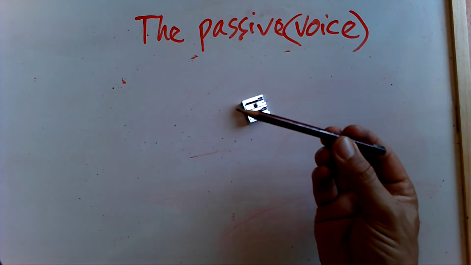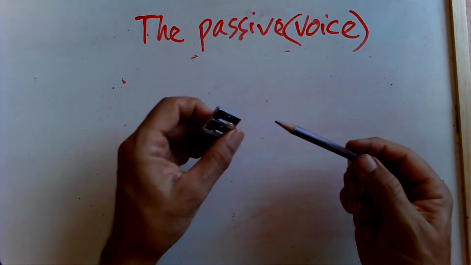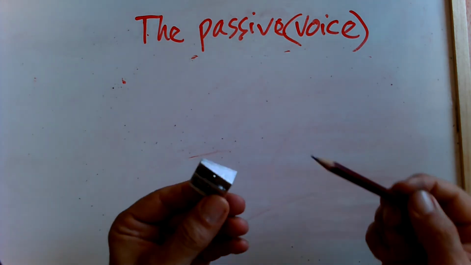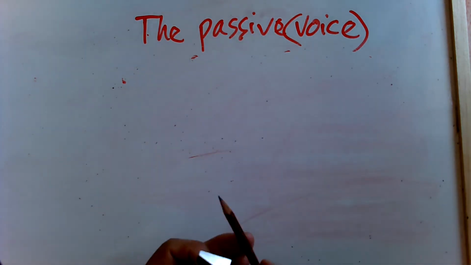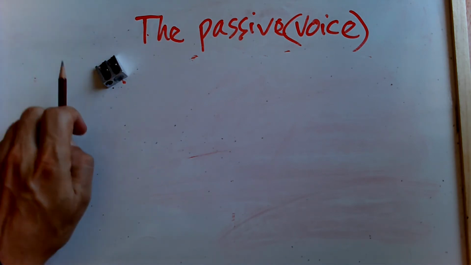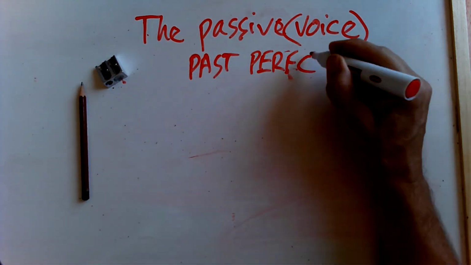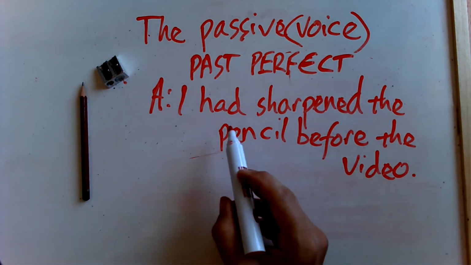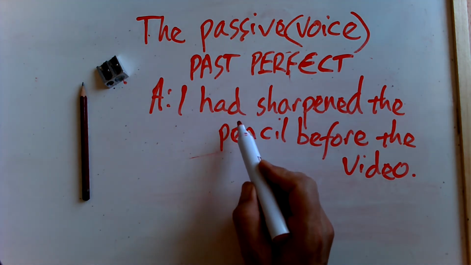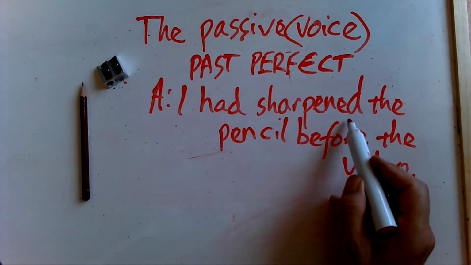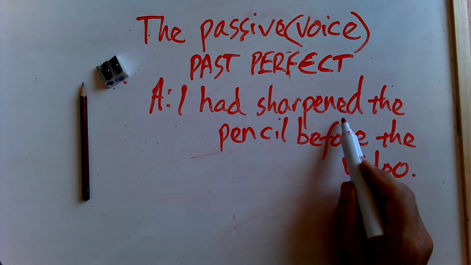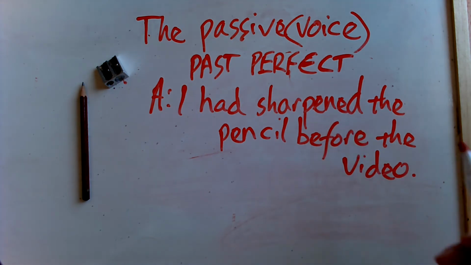This pencil is already sharp. I have sharpened this pencil. I sharpened this pencil before the beginning of the class. Past perfect: had sharpened. Again, we're already using the third form of the verb, so this verb stays the same, sharpened.